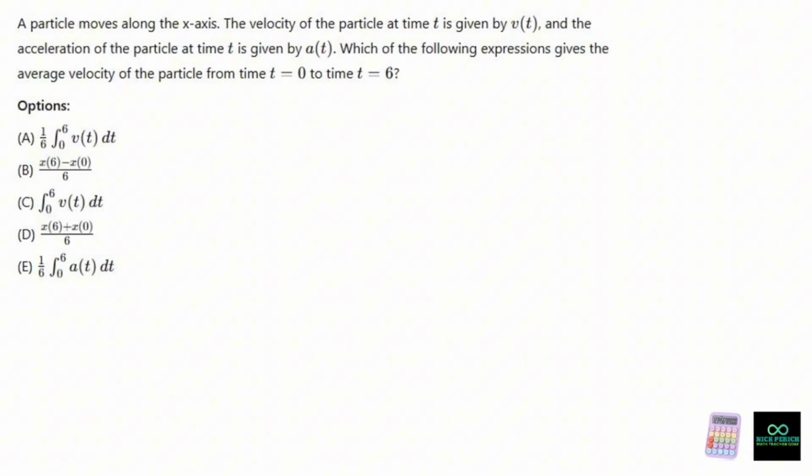Now, generally speaking, the average value formula is 1 over b minus a, the integral from a to b of f of x dx. If my job is to find the average velocity of the particle, what we're going to do is use the velocity function.